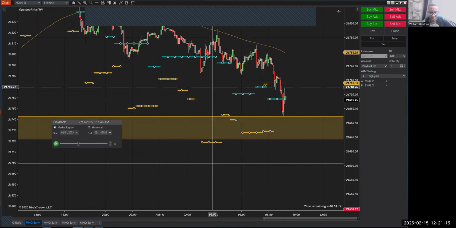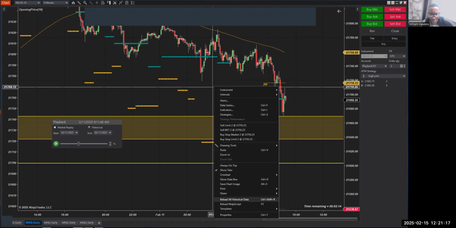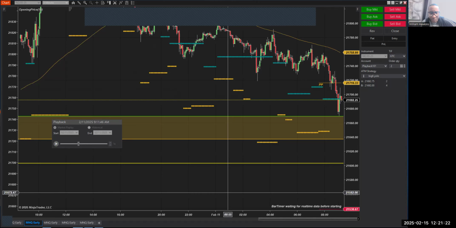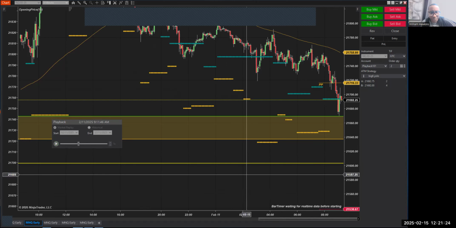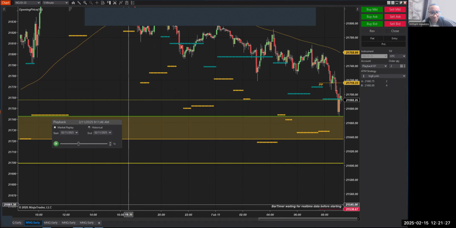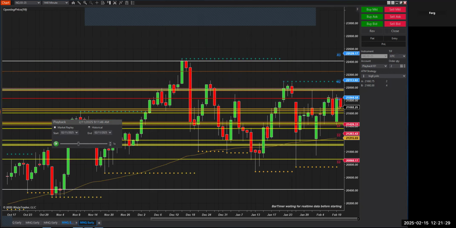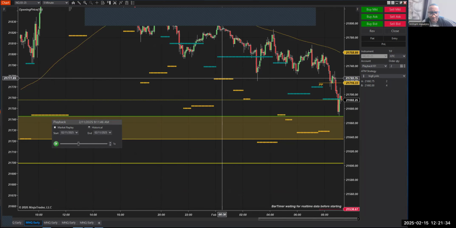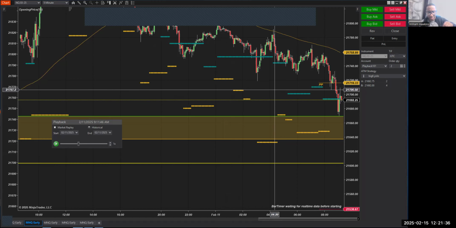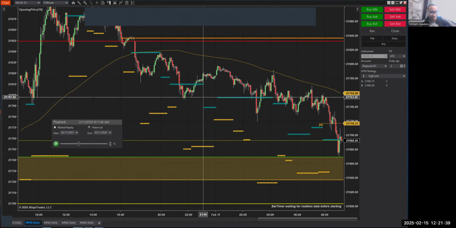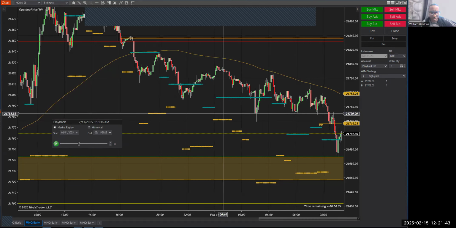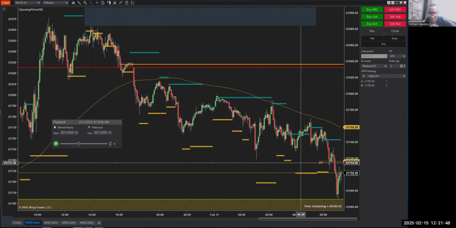Ooh, my chart's looking crazy. Why is my 5-minute chart off like that? There's a problem with playback. Sometimes it don't be playing fair. What if you hit F at the top? Well, yeah, but my swing lows and everything look weird. I mean, that shouldn't cause it, but oh wow.